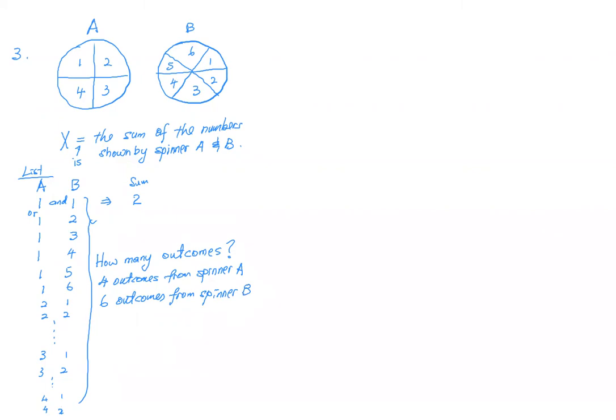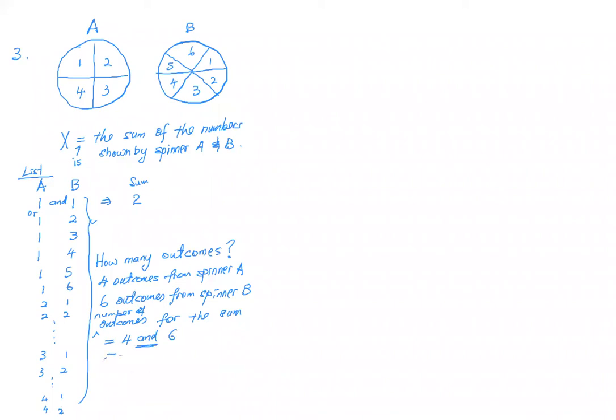So the number of outcomes for the sum will be 4 and 6 because the two have to be done together.